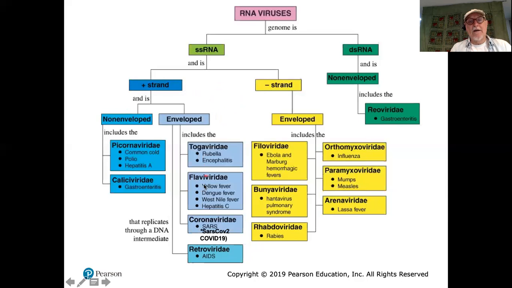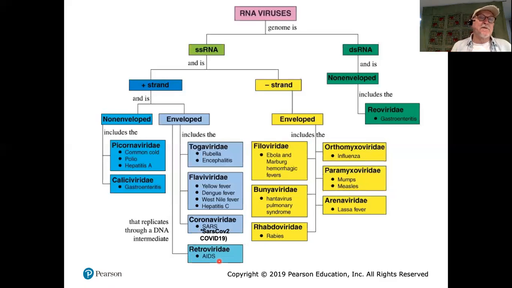Here we've got RNA, which is being reverse transcribed to a DNA strand. And that DNA strand then becomes part of the host genome and eventually may go on to producing masses of HIV virus.